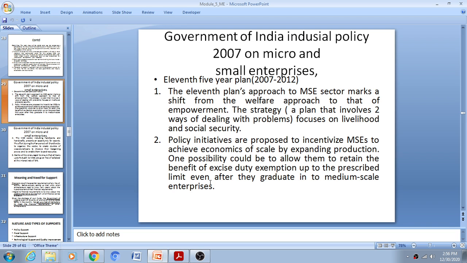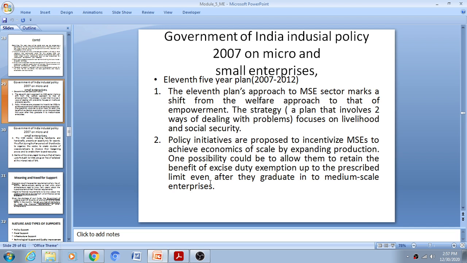By doing this, they have empowered the MSE sector. Okay, so how? They have planned that they will expand the production.